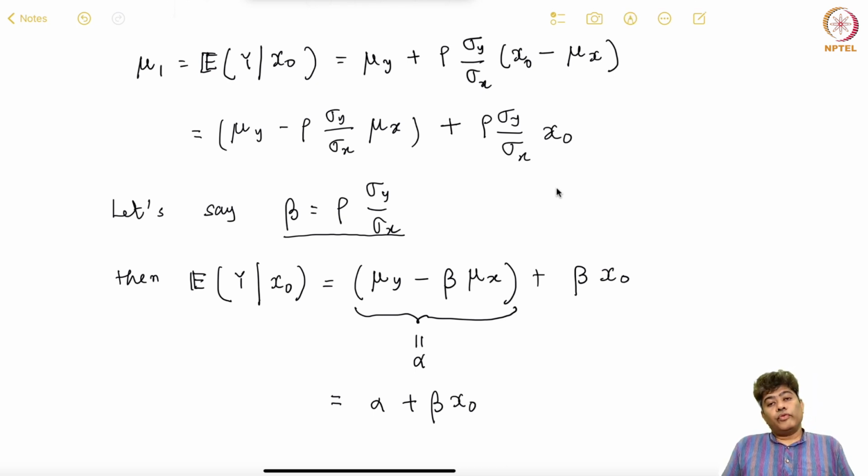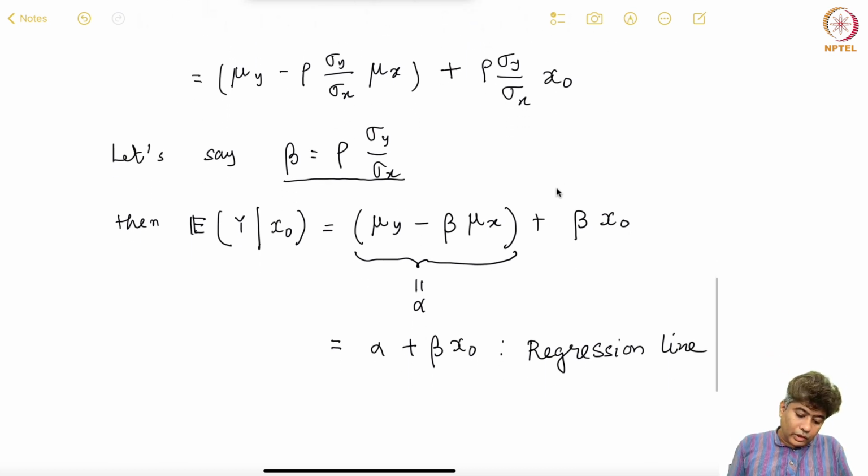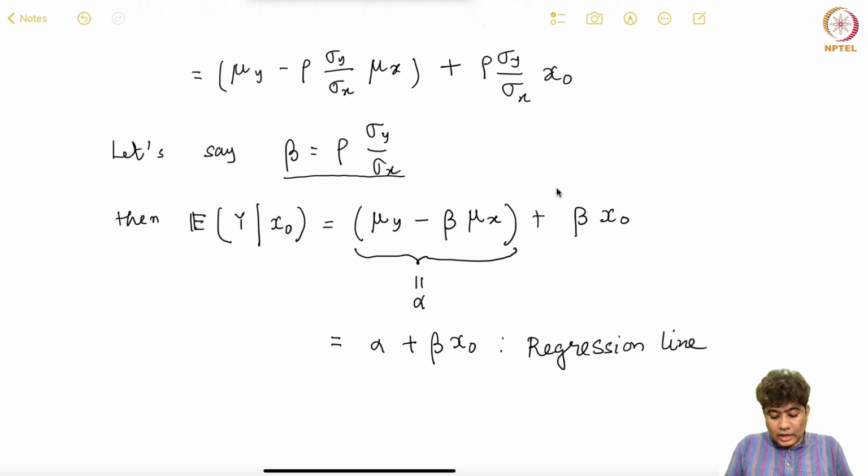So if you assume the underlying distribution between x and y is bivariate normal, then we can argue that the conditional expectation of y given x, or the regression function, is a line, and this is typically called the regression line. Now one question is, how can I fit alpha and beta?